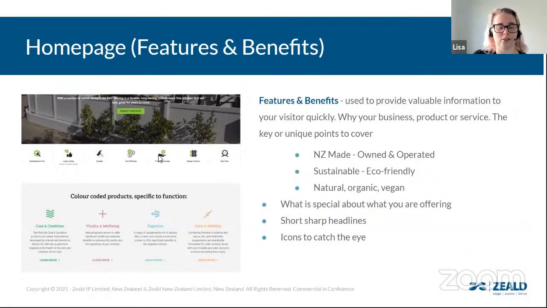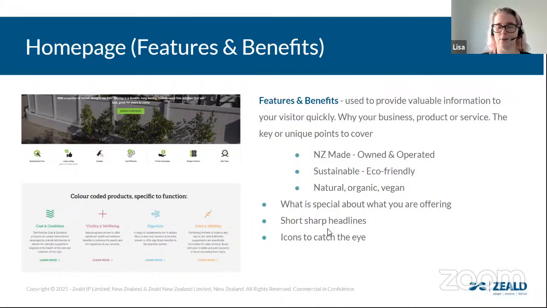So generally we do link these in with little icons to help it be more attractive to the eye, but it is very short, sharp features and benefits which help someone quickly identify some of the benefits they will get. Okay, and this is what they're doing. They're now information searching for reasons why they should be coming with you or your product or your service.